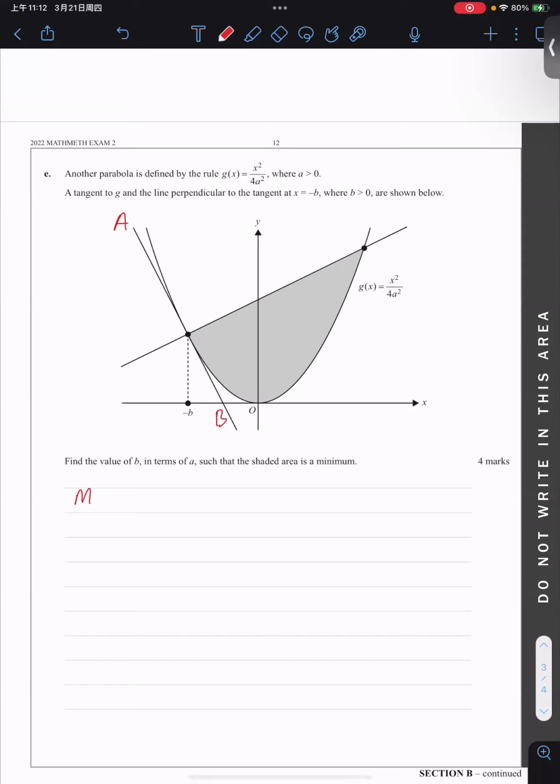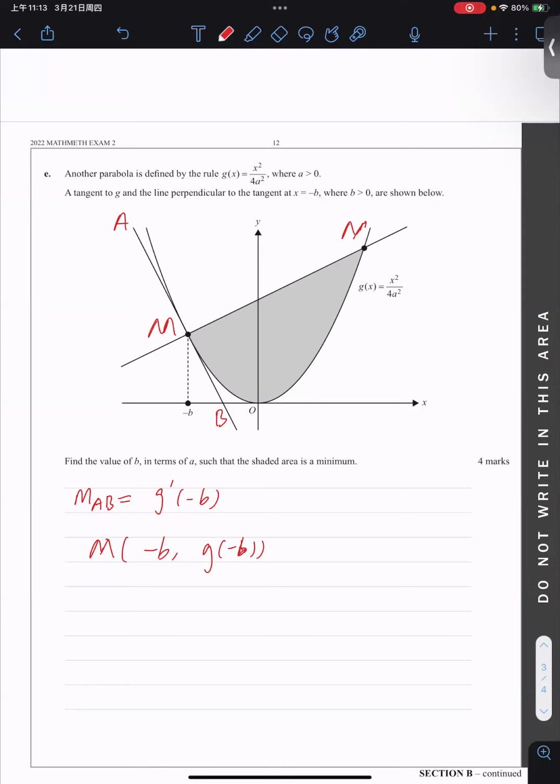You can work out the gradient of AB, which would be g'(-b). And then you can also work out the points, let's call them M and N. The coordinates of M should be (-b, g(-b)). So you would find out the coordinates.